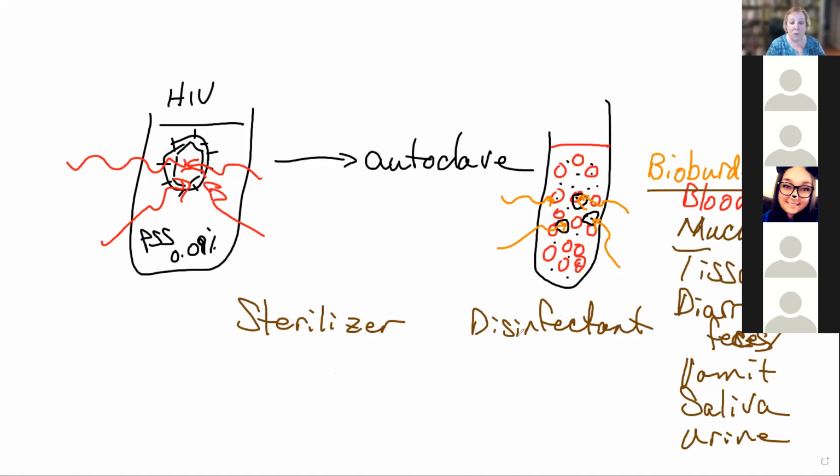For example, with a 1:5 dilution of bleach, if I leave something in it for 8 hours, it'll sterilize it and take out those endospores.